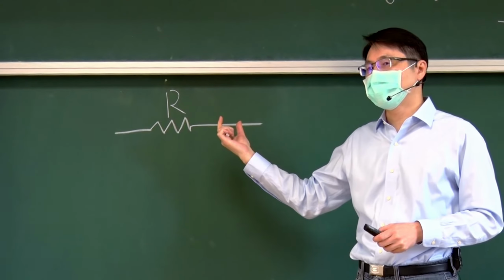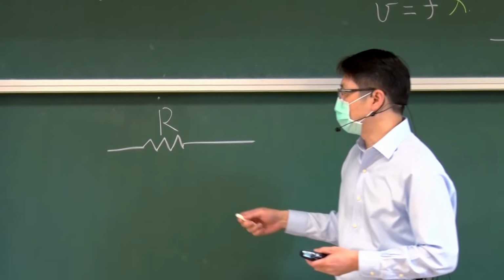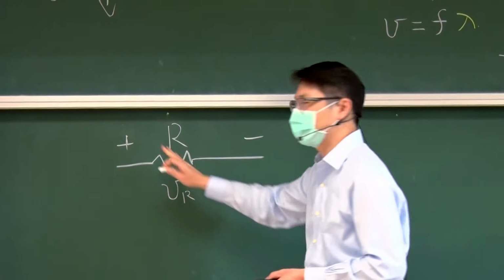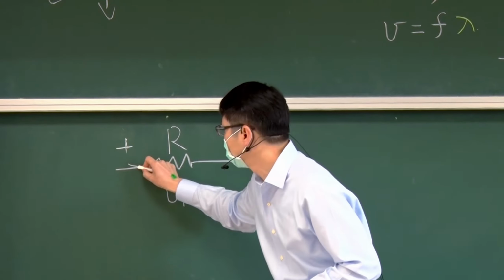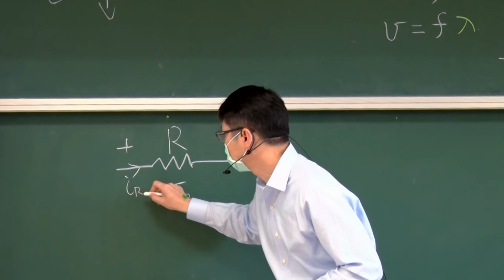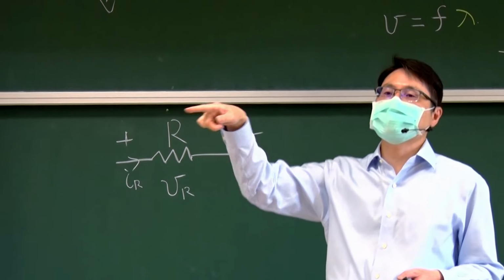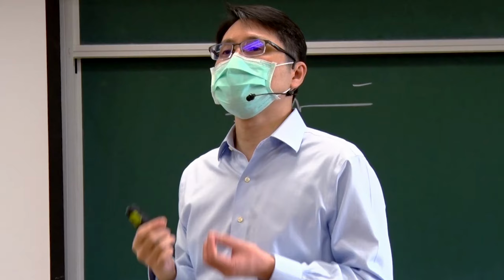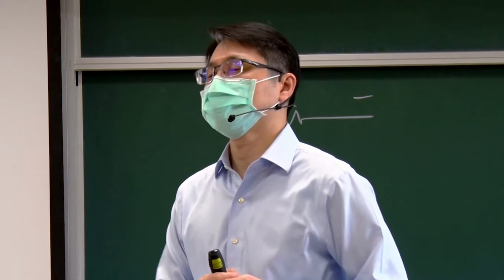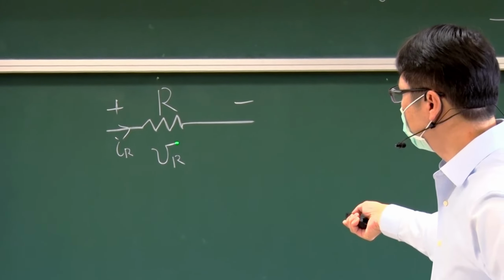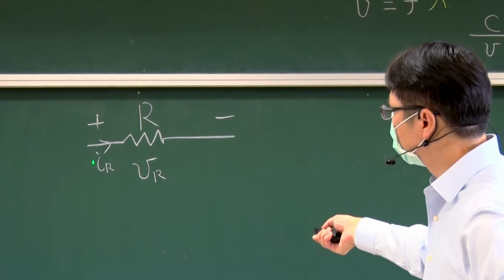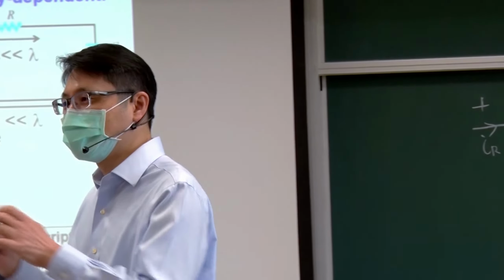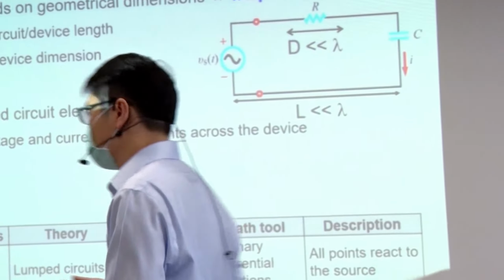If you're given a resistor, you basically only care about its voltage drop and its current. Once you have a steady state current flowing across a resistor, it will introduce a voltage drop. That voltage drop is V, and the current flowing across it is I. But do you know how precious it is for you to be able to formulate that equation?